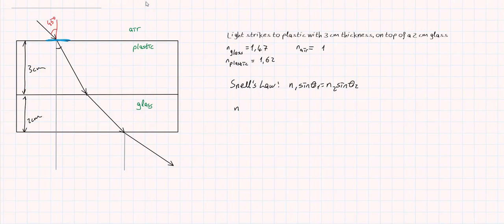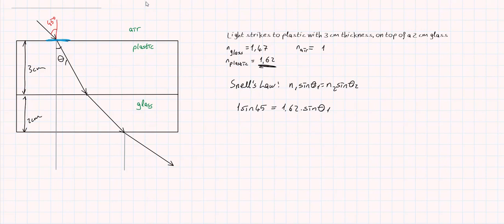So I say that in air, which is 1, 1 times sine 45 degrees, as given here, will be equal to, in plastic, 1.62 times sine theta 1. Okay, let's call this theta 1. So this is my surface angle, right? This is 90 degrees. I'm looking at this angle.